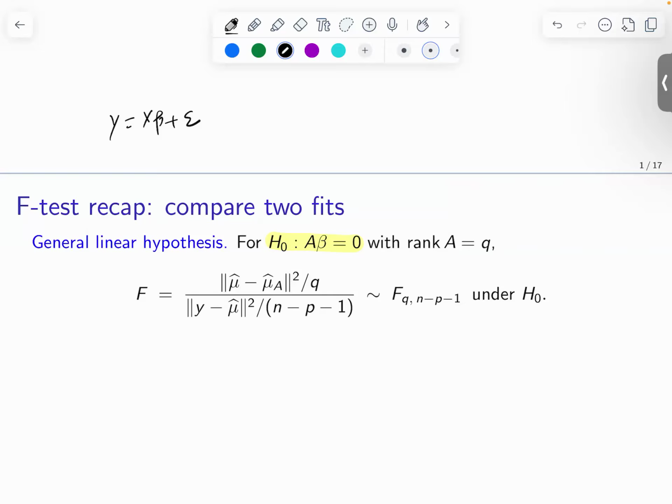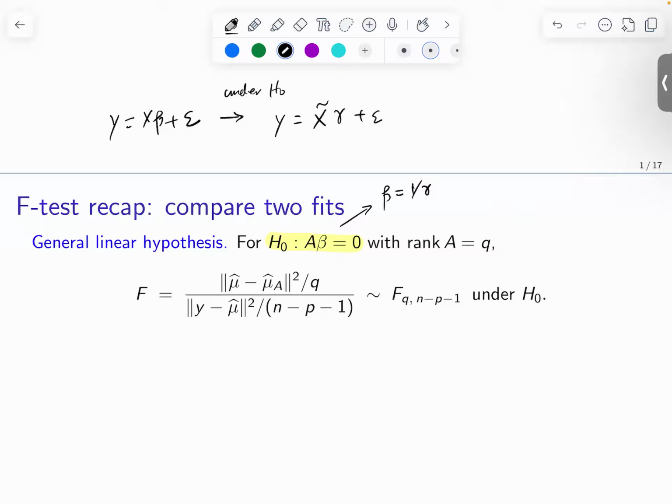It would produce, under H naught, a new model, which we wrote as x tilde gamma plus epsilon. So you enforce these constraints that are equivalently written as, let's say, beta is v gamma, and then you impose the constraints.